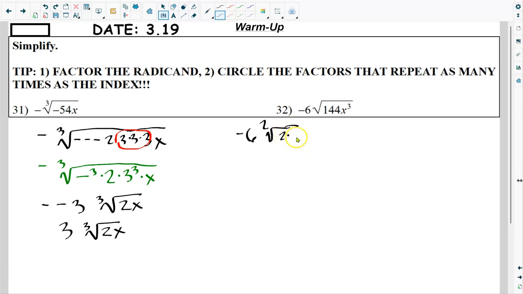I'm trying to do this in my head to save us some time. So 12 times 12 is 2 times 2 times 2 times 2, so that's 4 and 4, and then 3 and 3. You guys can go a little slower and check that I'm correct. In this case, because of this index, we're going to circle every 2.